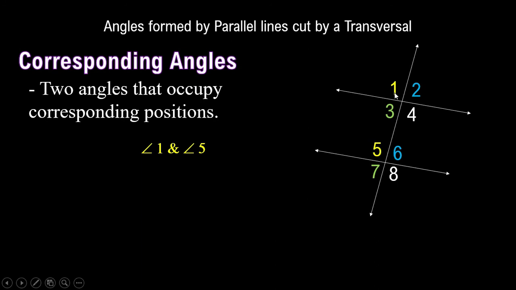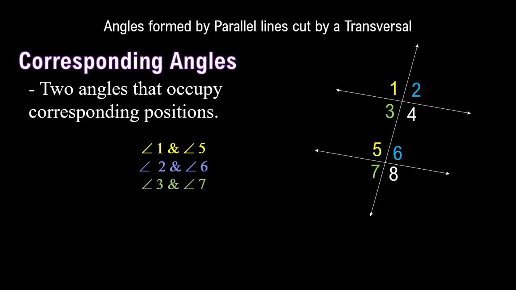Meaning, angle 1 and angle 5 are in corresponding position. Second example, we have angle 2 and angle 6. It's the same. Angle 1 and angle 5 are on one side; on the other side, angle 2 and angle 6 are in the same position.